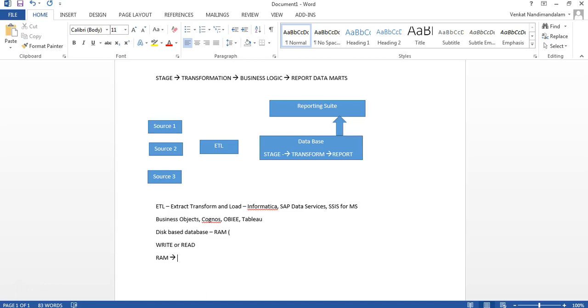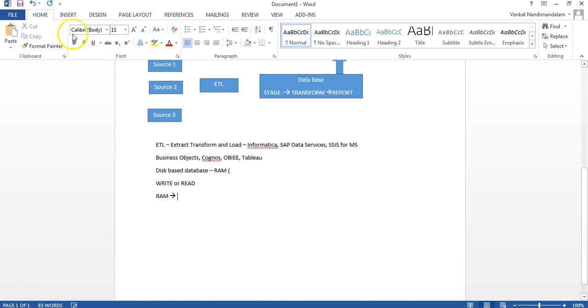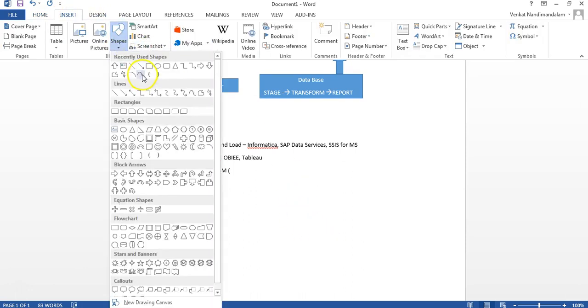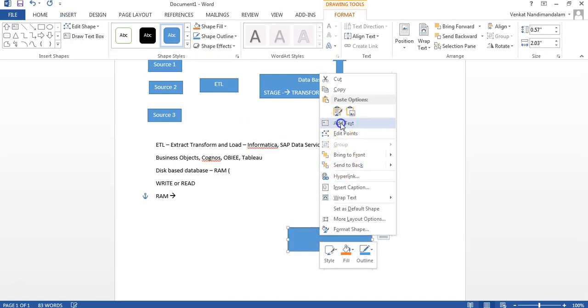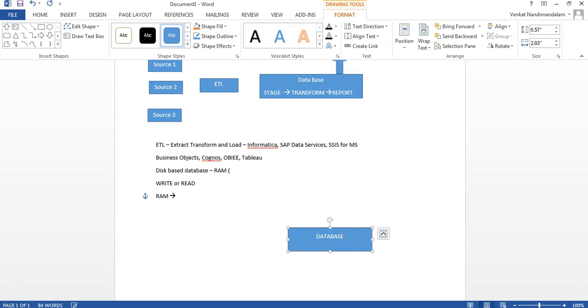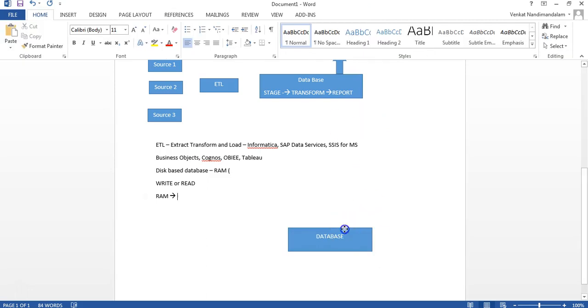Okay, so it's going to be like you have your database, and you have the RAM on top of it. So this entire database will be controlled by this RAM.